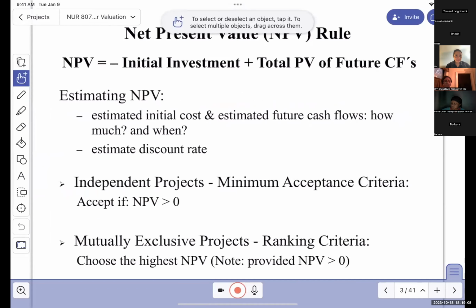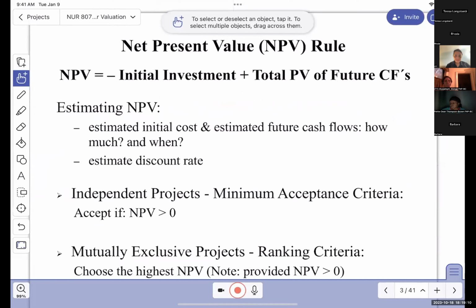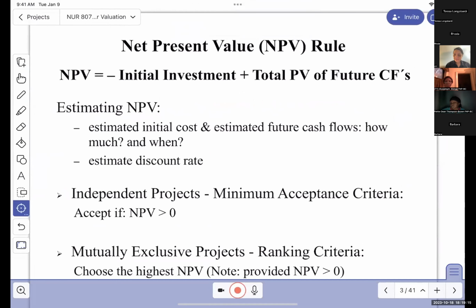So we already learned about the NPV, so I'm just summarizing the NPV here. We take the initial investment, as this would be our cost, and compare it against the present value of future cash flows.